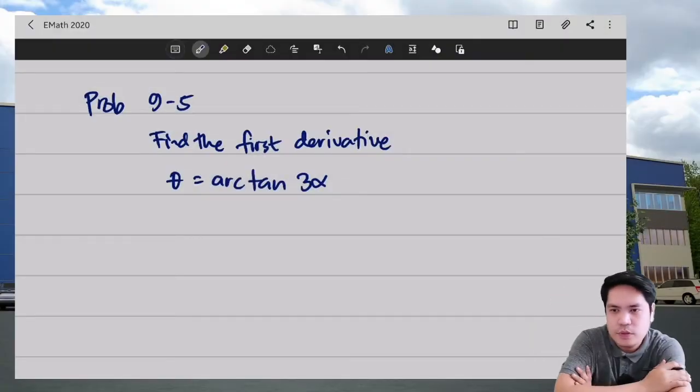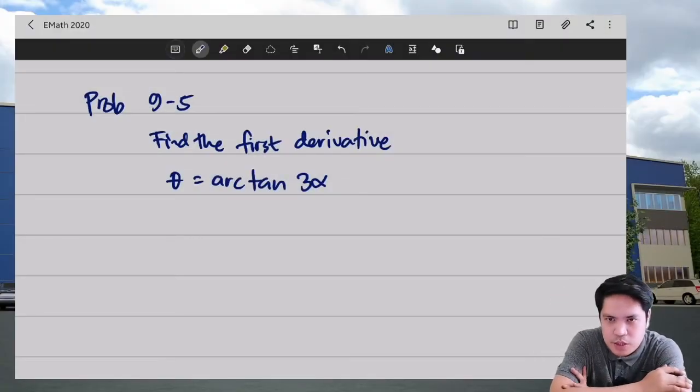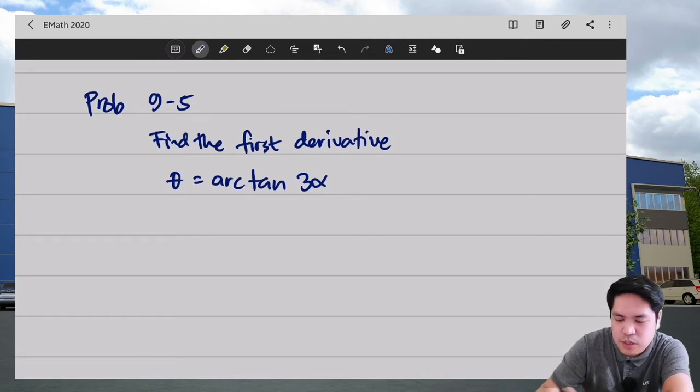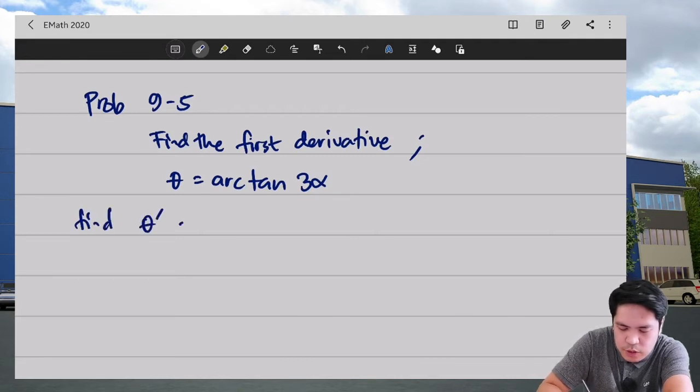Let's have this problem. Problem 9-5. Find the first derivative of theta is equal to arc tangent 3 alpha. It's easy. In this case, what we're looking for is theta prime or d theta over d alpha.